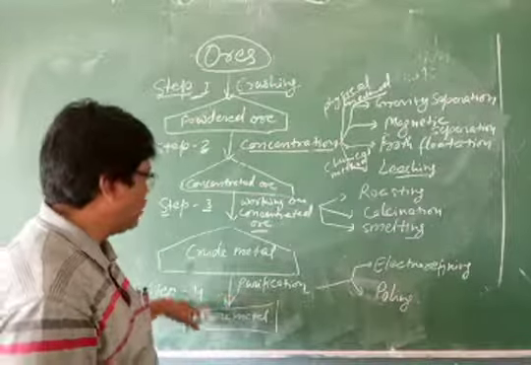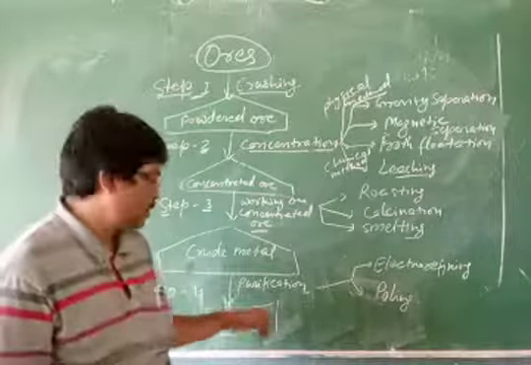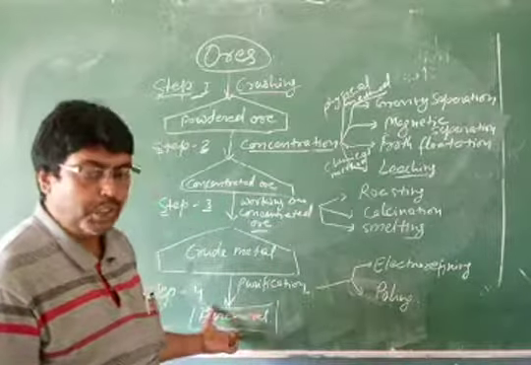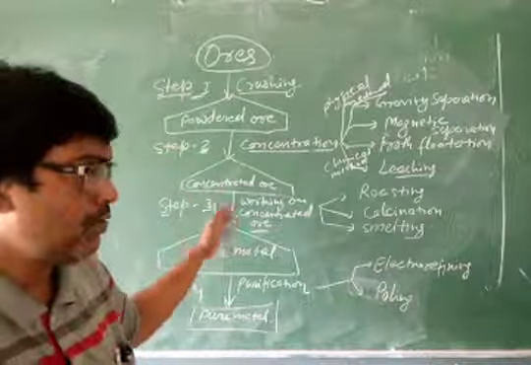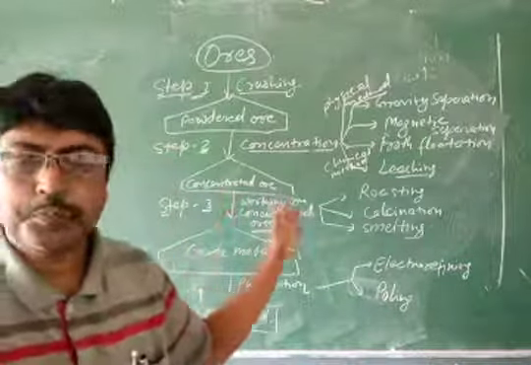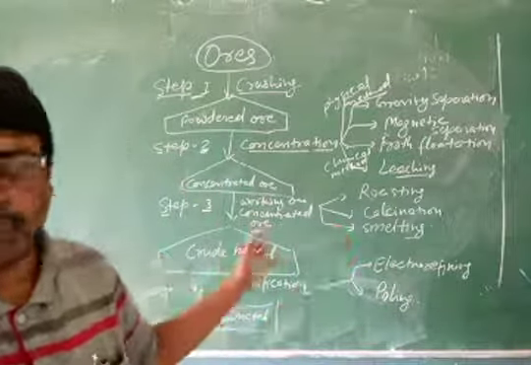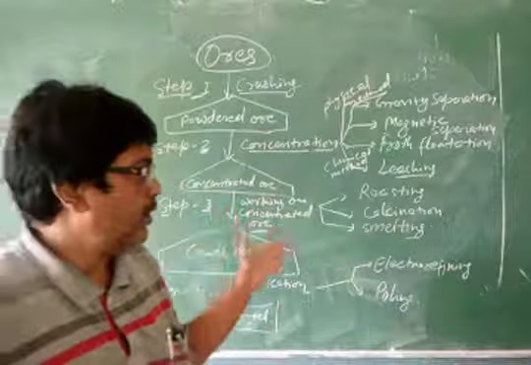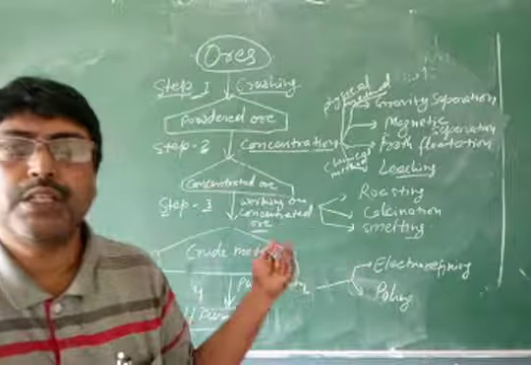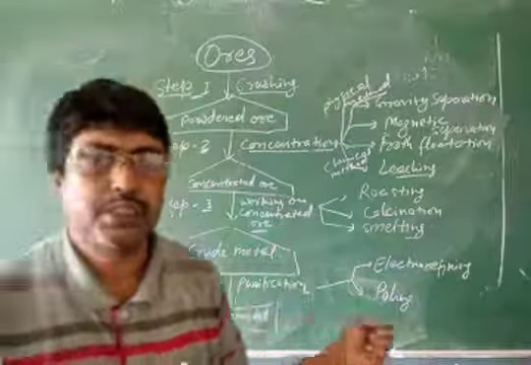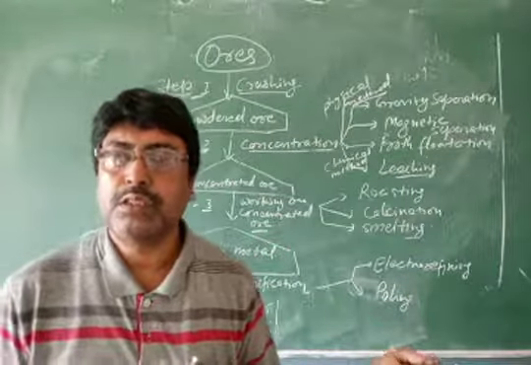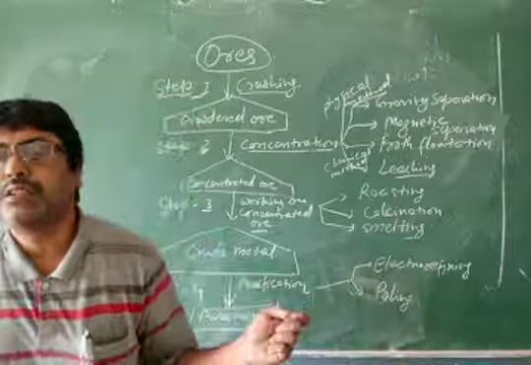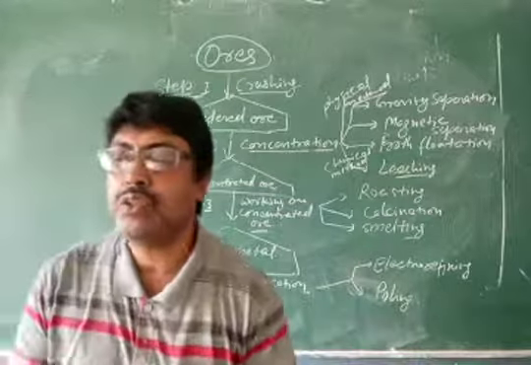So step 4 is the purification process, and you get pure metal. So this is the flow chart for remembering the different processes we apply at different stages of metallurgical operations, that is, when we find the metals.